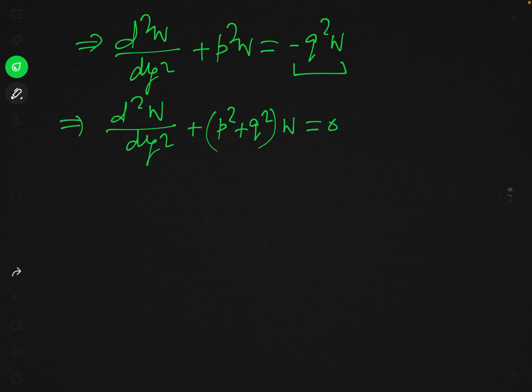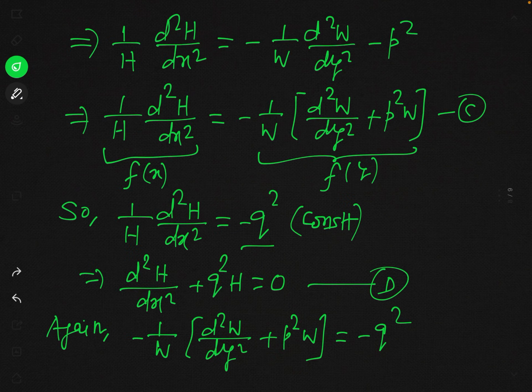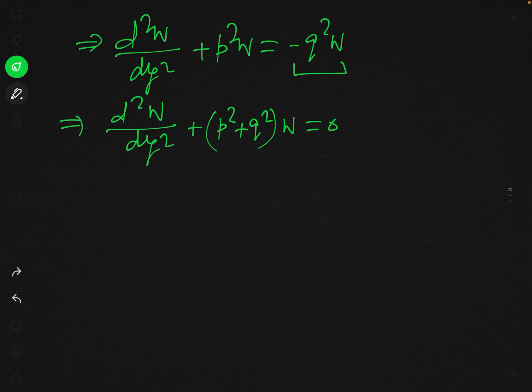Here I have made a mistake, because here is a minus sign, so minus minus will cancel out and there will be a plus actually. And if it is plus, then at this point there will be a minus sign. So this is p square minus q square w. Now let us consider that this p square minus q square is equal to r square.